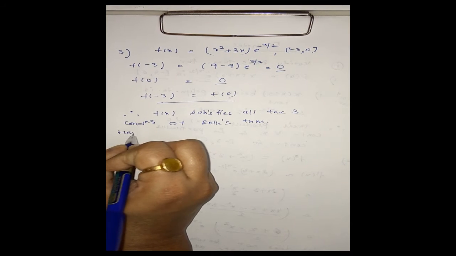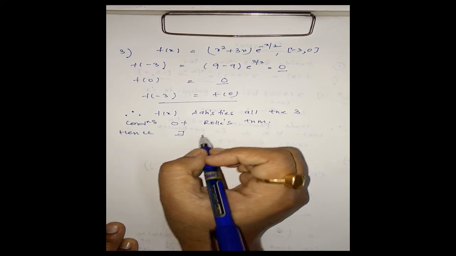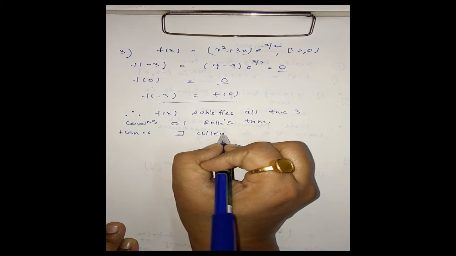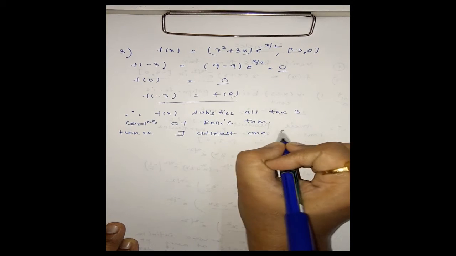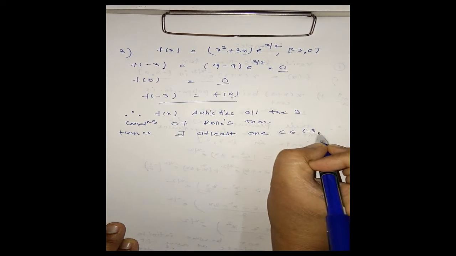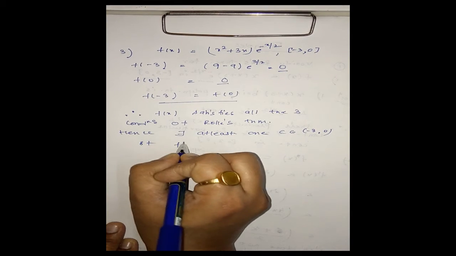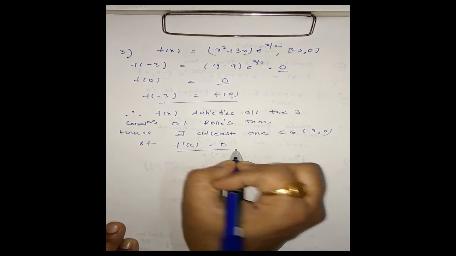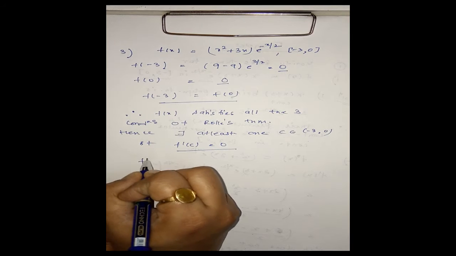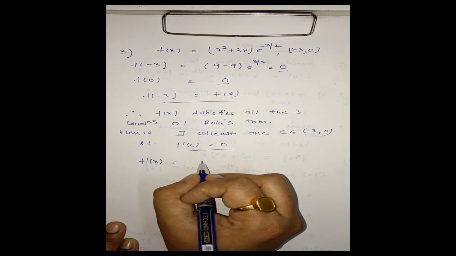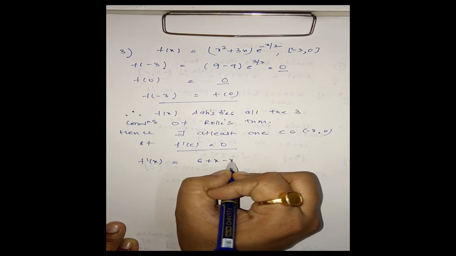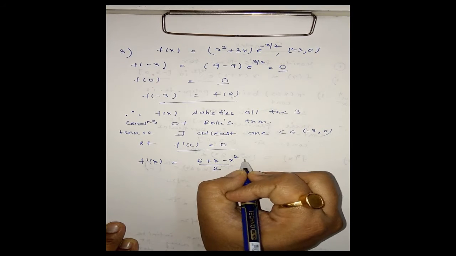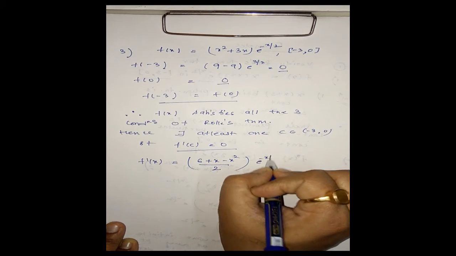Therefore, by Rolle's theorem, there exists at least one c in the open interval (minus 3, 0) such that f dash c is equal to 0. Now f dash x is (6 plus x minus x square) by 2 into e to the power minus x by 2.